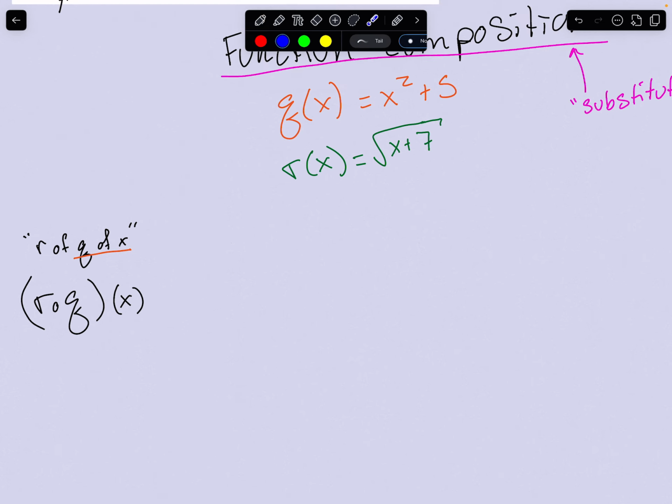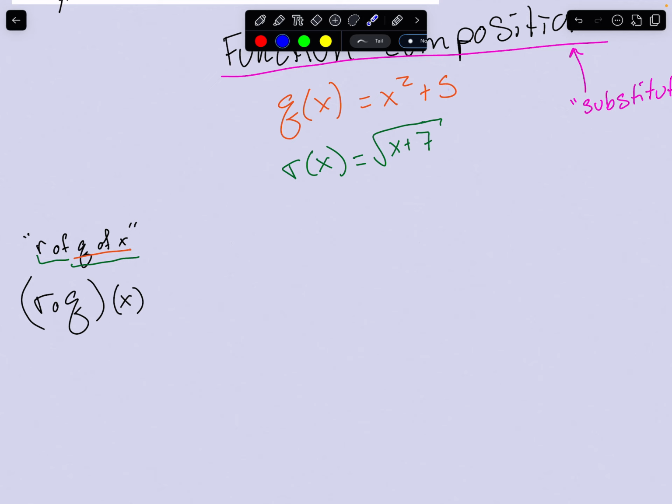That's telling you q is the name of your function, and then of x, well, x is what's going in where the variable belongs. So when I take this longer one where I have r of, what am I putting in for r? I'm going to the function r, and instead of x for my variable, we're going to take all of q of x and plug it in.